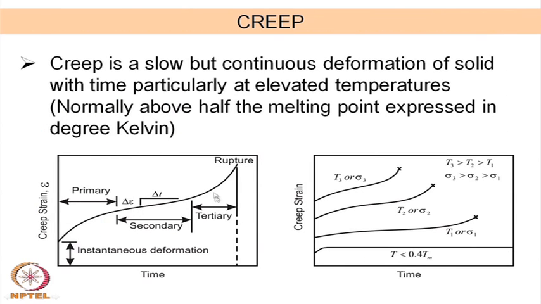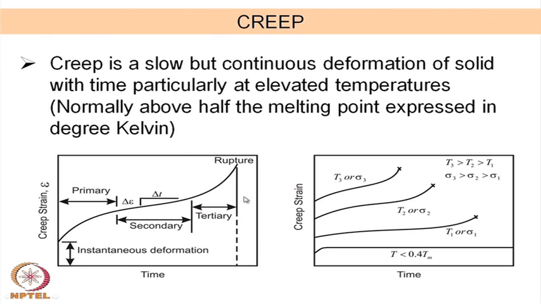Now, those are some of the different aspects of the measurement, their reliability, and how to take care of the unreliability in terms of the Weibull modulus, and then the different factors which control the property.